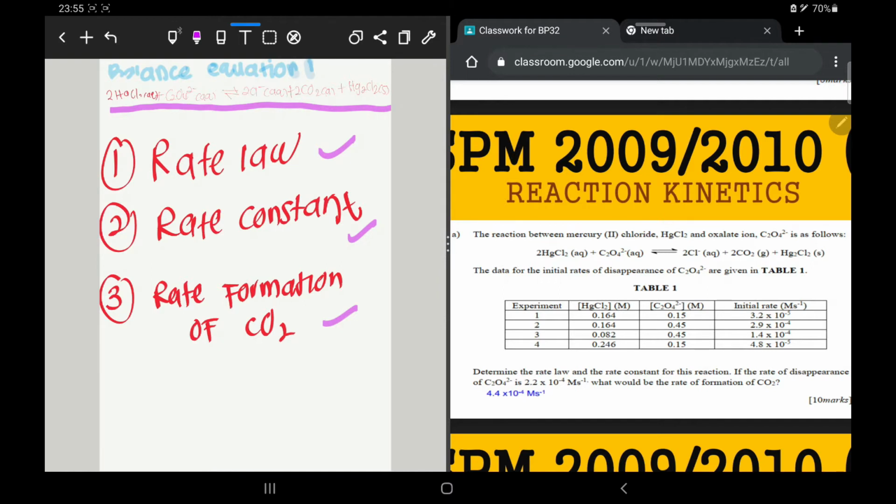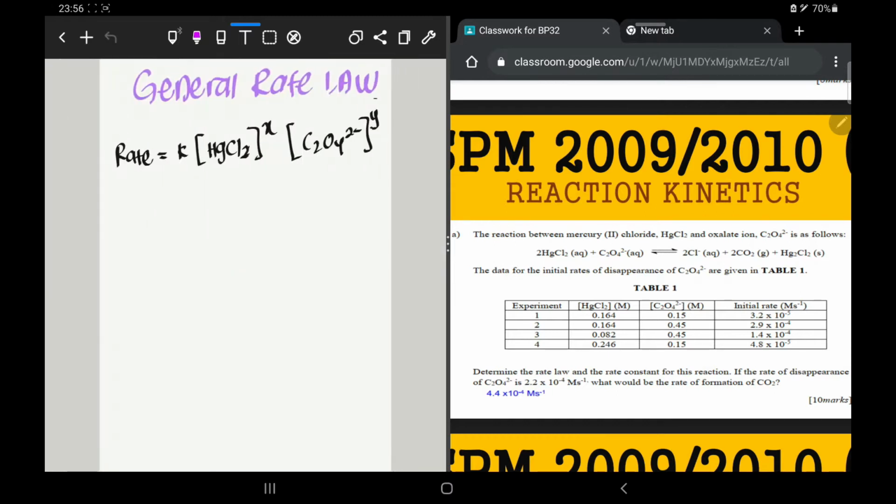By using this information, we should be able to find the rate law, and after we have figured out the rate law, from there we should be able to find the rate constant value. So, how to find the rate law: first you write the rate equals to k, and you have the concentration of both reactants raised to some power.